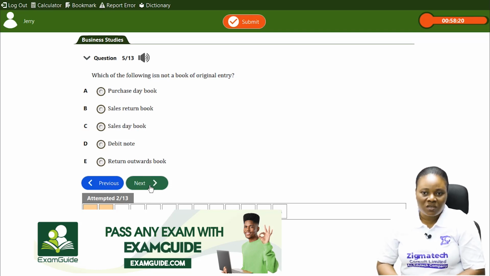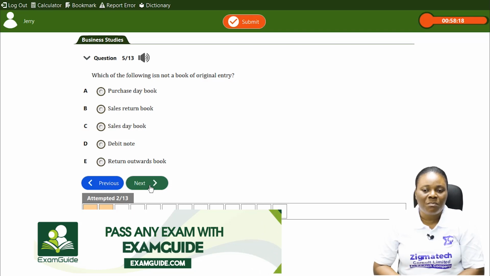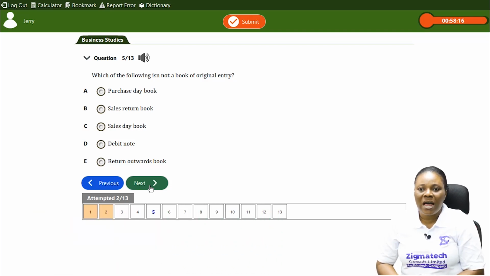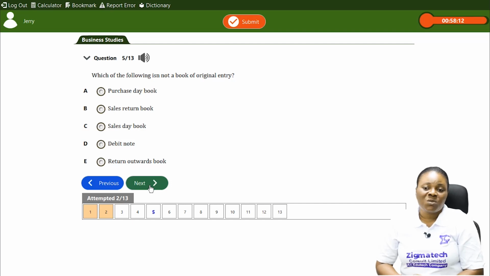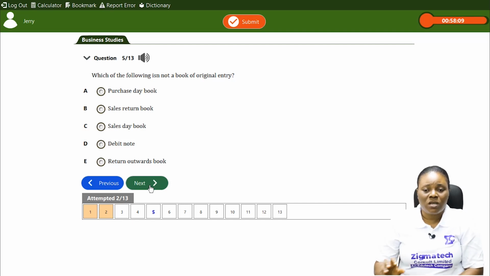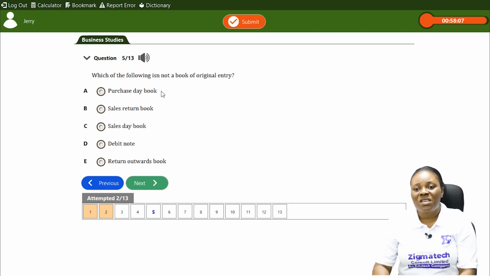The next question says, which of the following is not a book of original entry? Though in today's class we did not look at books of original entry, the topic is related to what we learned today. A, purchase day book. B, sales returns book.